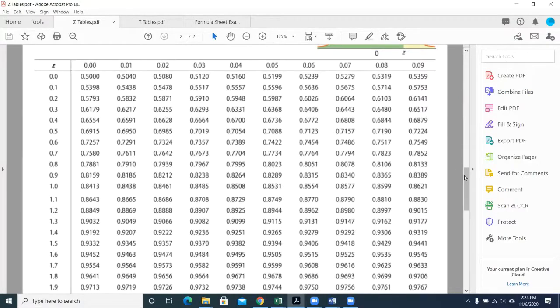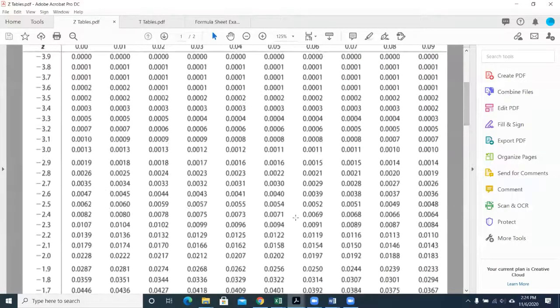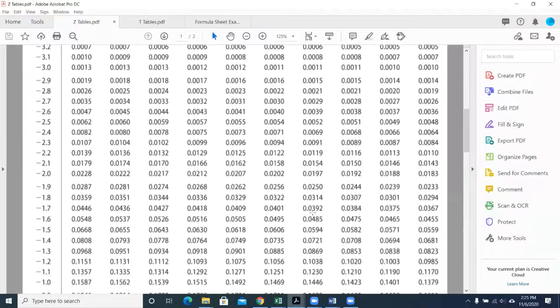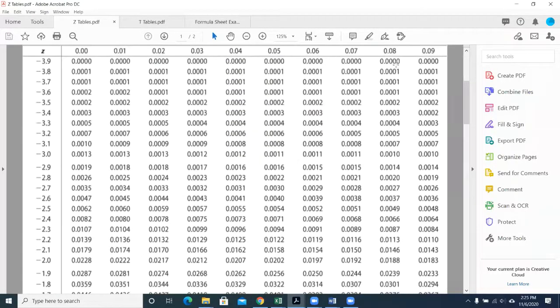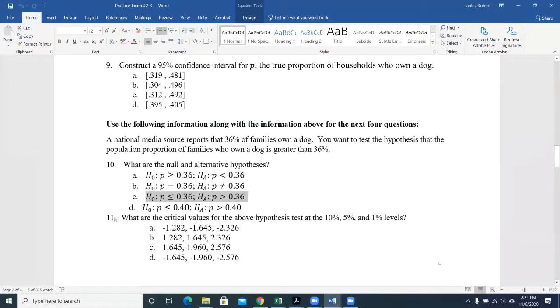Or I could have looked up the alpha value of 0.1 and said negative 1.28, negative 1.29. I know it's 1.29, but it's a right-tailed test, so it's positive. So either way, I could have come up with that. Once I have that, I can identify, well, it was in between 1.28 and 1.29, so this is going to be the correct answer.